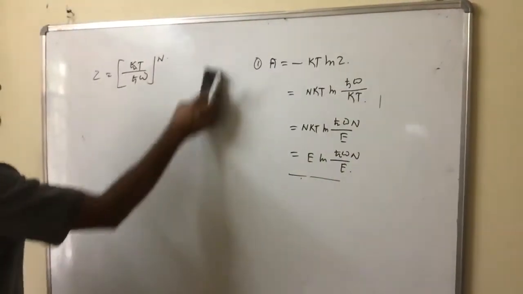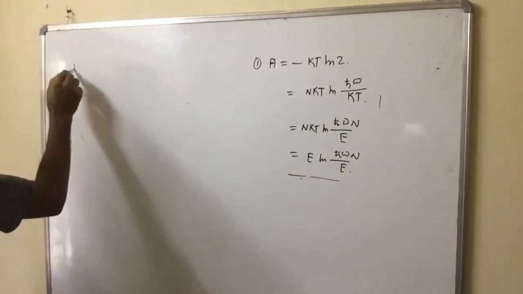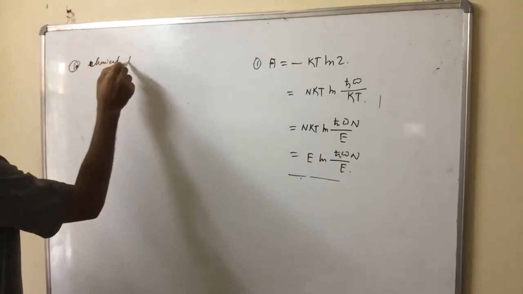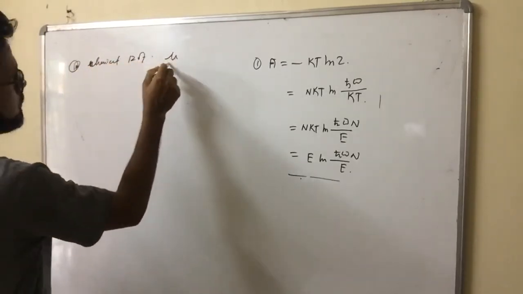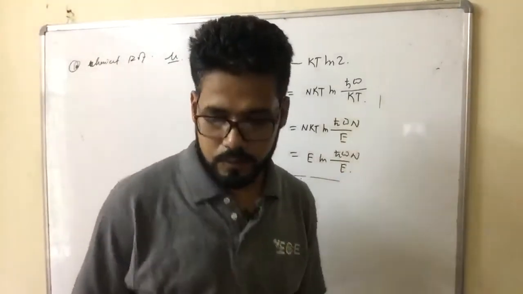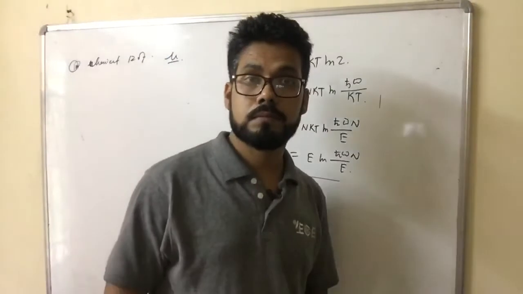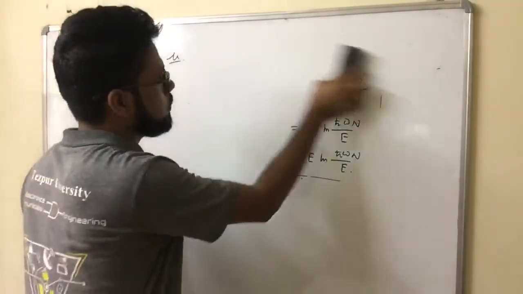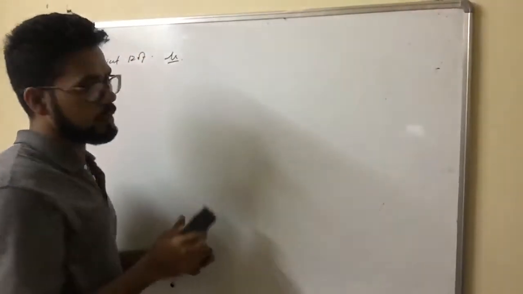Next, I am going to calculate the chemical potential, represented by mu. Suppose you don't know the formula of chemical potential, how can you remember it?